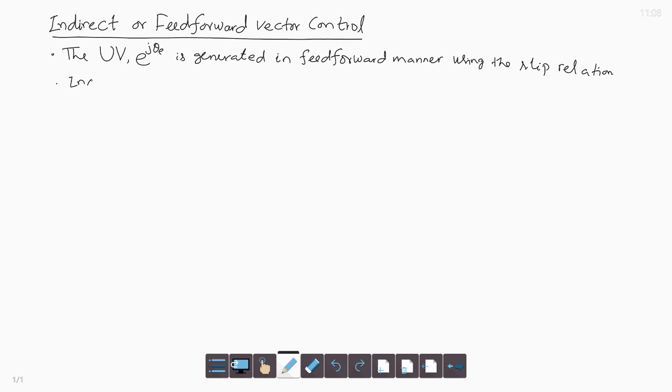This indirect vector control is very popular in industrial drives.